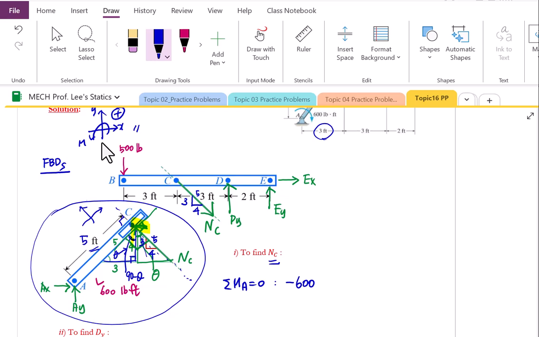Therefore, 5 feet will be the moment arm for the N of C from point A. Why? Because the definition of the moment arm is the perpendicular distance from A to the line of action, exactly 5 feet.